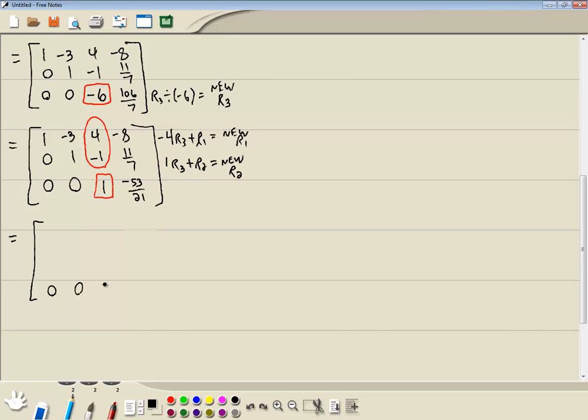Okay, 0, 0, 1, -53 over 21. Okay, 1 times 0 is 0 plus 0, 0. 1 times 0 is 0 plus 1 is 1. 1 times 1 is 1 plus -1 is 0. 1 times -53 over 21 plus 11 sevenths. I'm plugging that in my calculator.